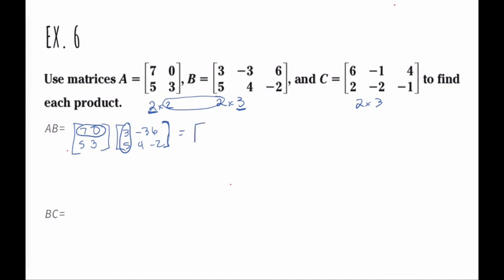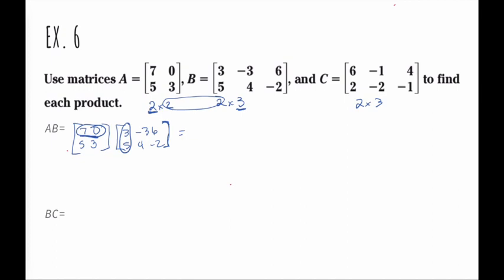So we should end up with a 2 by 3 matrix. I'll add the brackets at the end because this could get a little messy. So what we do is we multiply the row from the first one and the column from the second one.